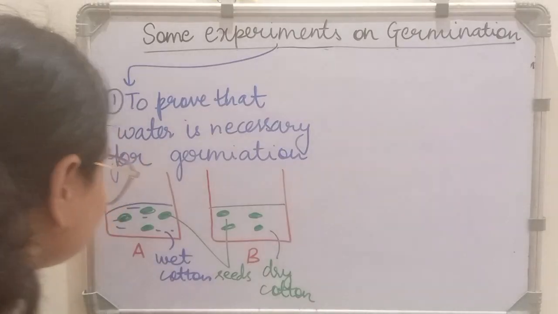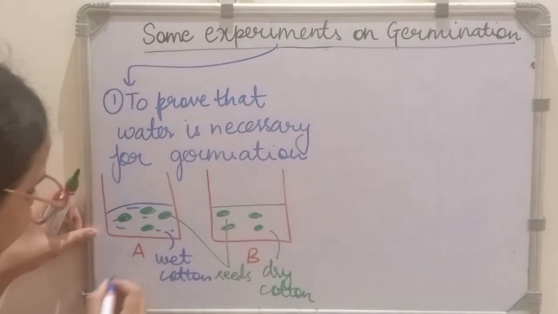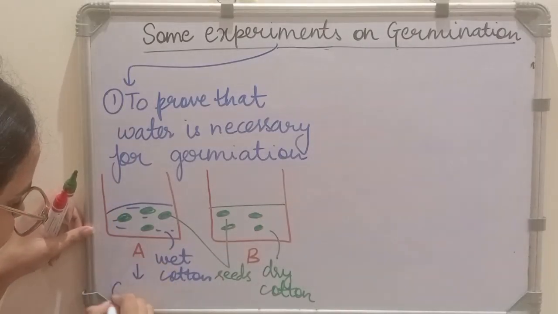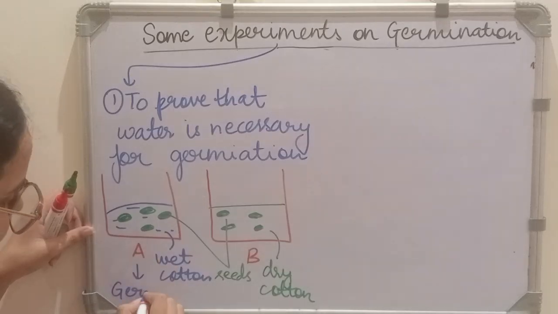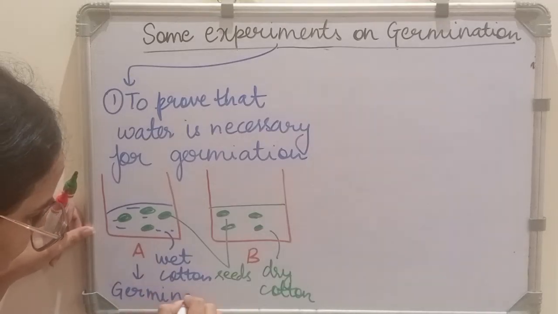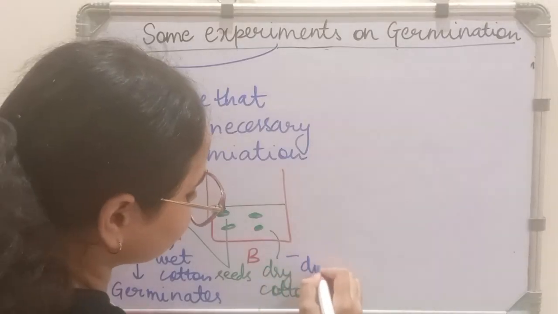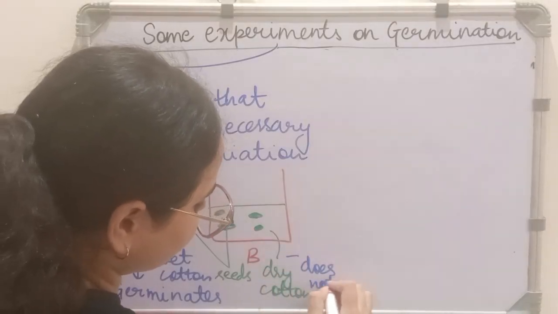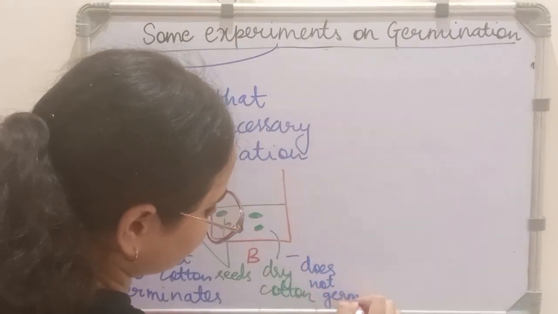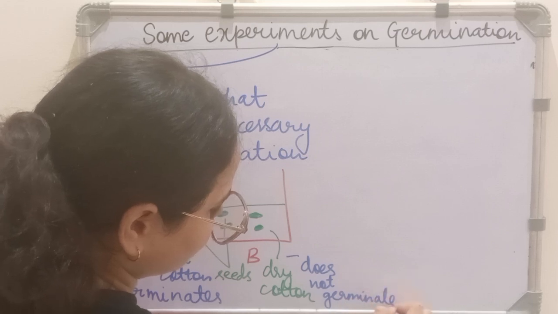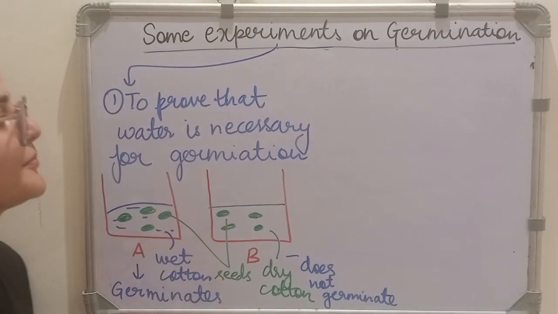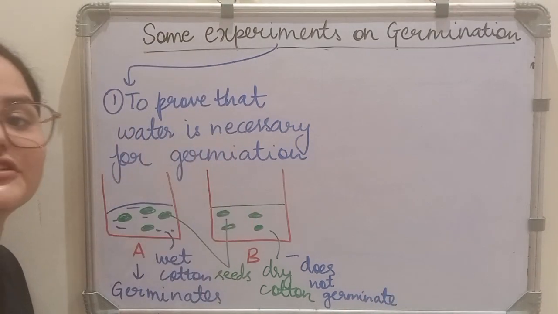So let's write this point. In A germination takes place, A germinates. In B we can say it does not germinate, and the experiment proves water is necessary for germination.